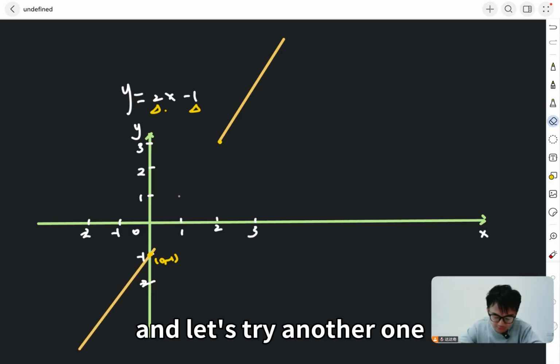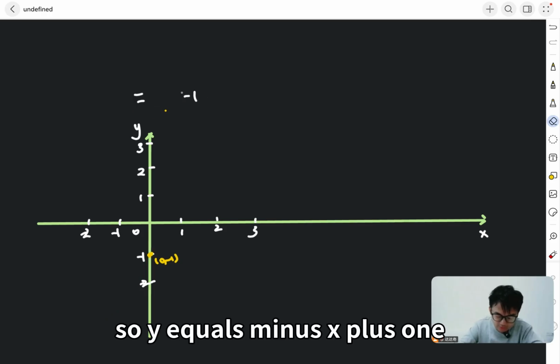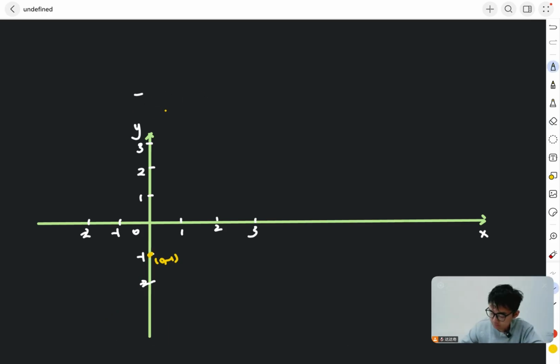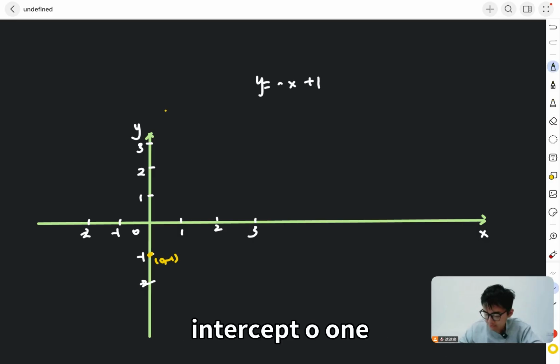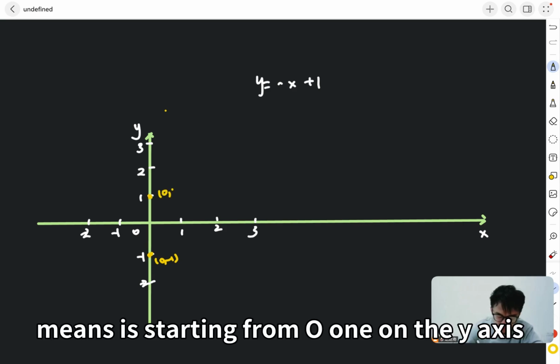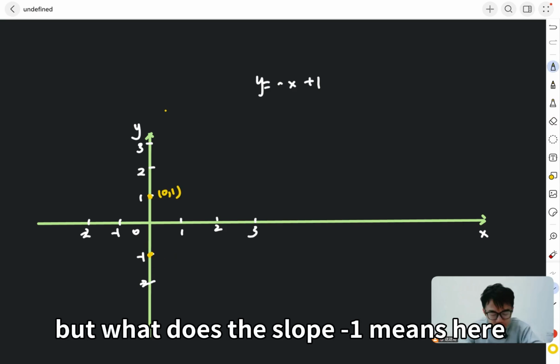And let's try another one. So y equals minus x plus 1. So still we find the intercept 0,1. So it means it's starting from 0,1 on the y-axis. But what does the slope -1 mean here?